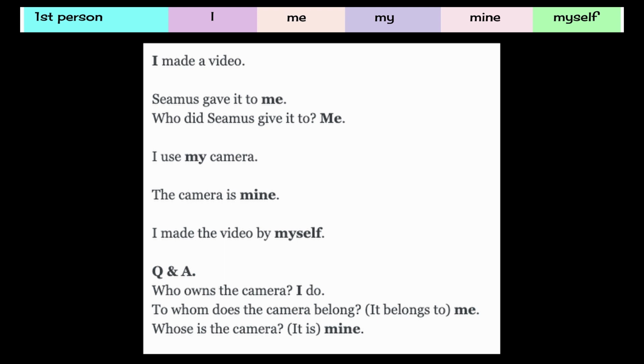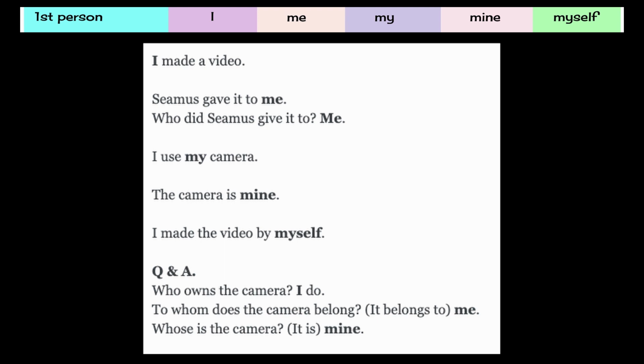Okay, so here we have some questions and answers that you might see. So, who owns the camera? I do. Okay, so we're not saying I. That does not work. You have to say I do. There needs to be a verb after the subject pronoun. And in this case, it's do. Or I own the camera.